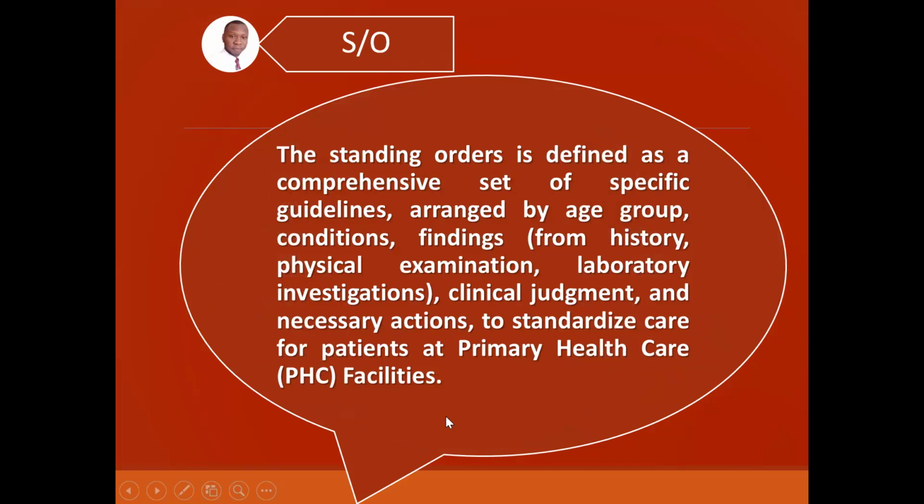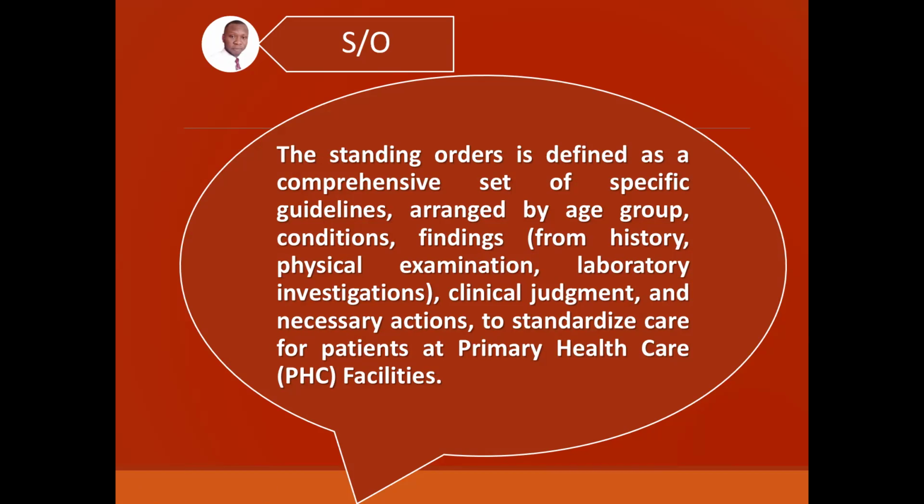Let's take the definition again. It says, the standing orders is defined as a comprehensive set of specific guidelines. So we've looked at this component that it specifies conditions, one at a time, that is arranged by age group. That's arranged by age group, which means the way to handle an adult is quite different from the way to handle a neonate, or an elderly person.